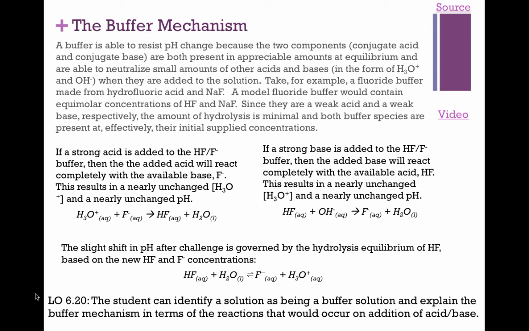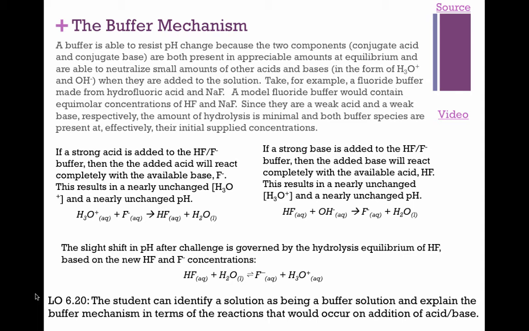Okay, so then the way that a buffer works, and I know we've talked about this, the reason that you need an acid-base component of a buffer is because you want to be able to neutralize any added acid or base. The whole point of a buffer is to resist pH change. And so if you add, let's see, this is HF and NaF. What is the acidic portion of this buffer? HF. What's the basic part?